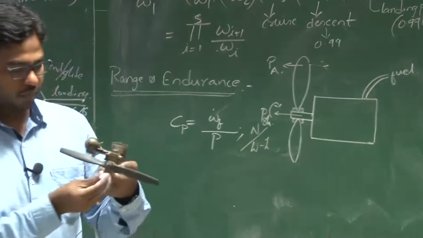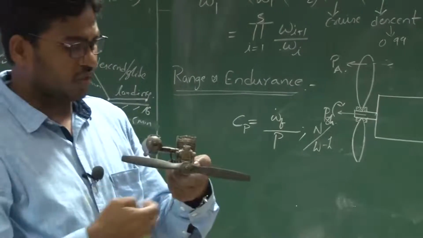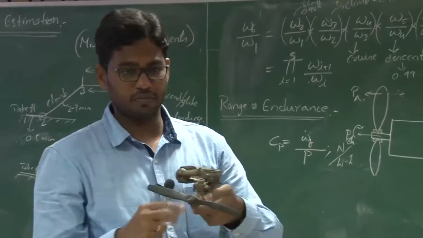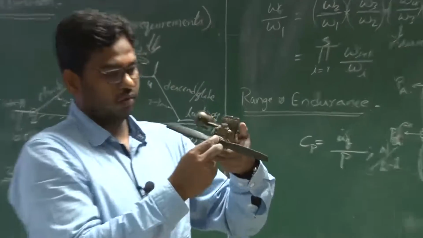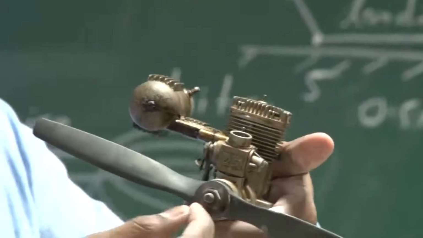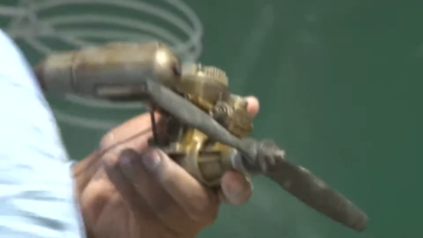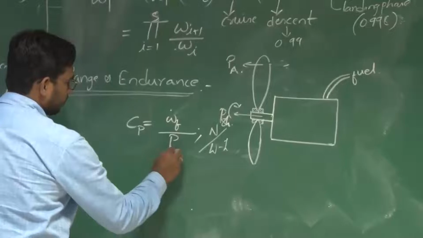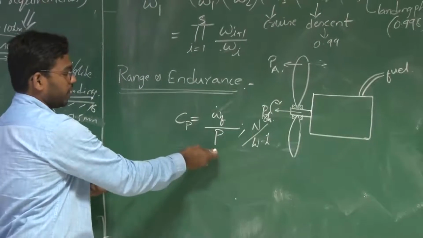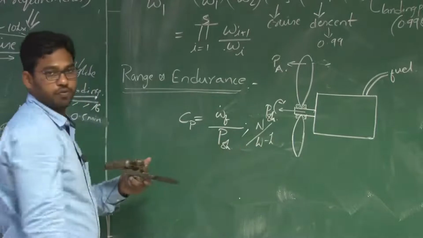See, this shaft power is converted to useful power by means of this propeller. We are using a combination of propeller with this IC engine to convert this mechanical power to the useful power, right? The specific fuel consumption is defined with respect to this shaft power.